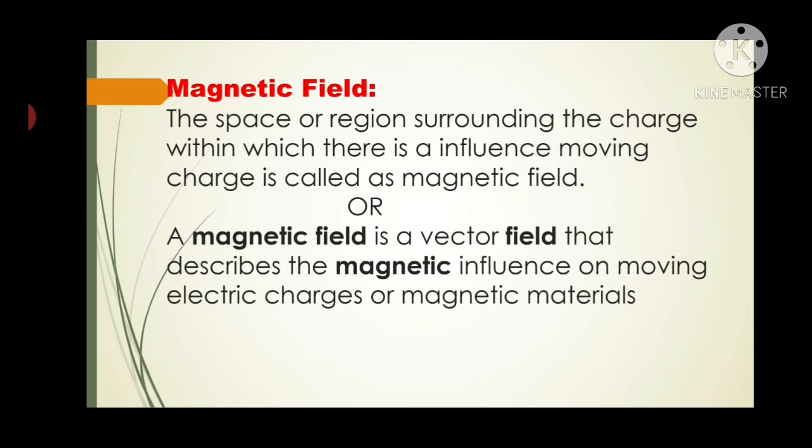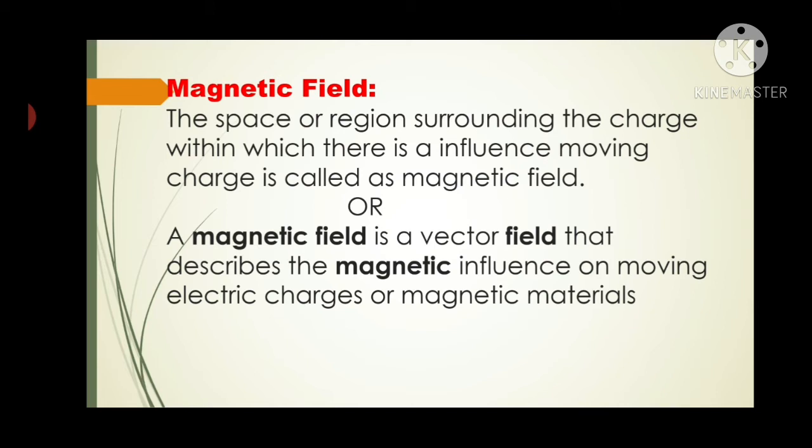Magnetic field. As we have seen before from the diagram, the space or region surrounding the magnet within which there is an influence on a moving charge is called the magnetic field. Or we have a different definition: magnetic field is a vector field that describes the magnetic influence on moving electric charges or magnetic material.